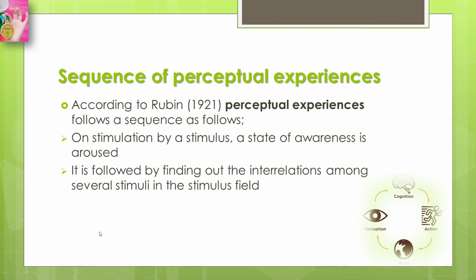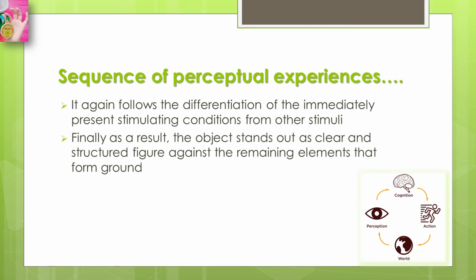On stimulation by a stimulus, a state of awareness is aroused, followed by finding out the interrelations among several stimuli in the stimulus field. Then follows the differentiation of immediately present stimulating conditions from other stimuli. And finally, as a result, the object stands out as a clearer and structured figure against the remaining elements that form the ground.